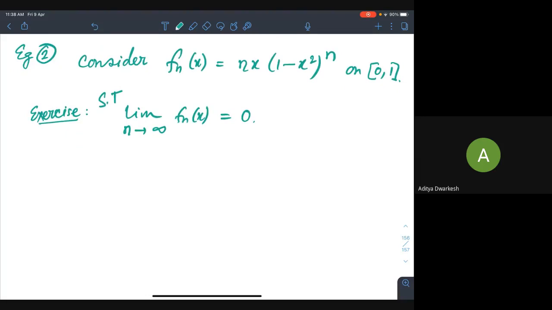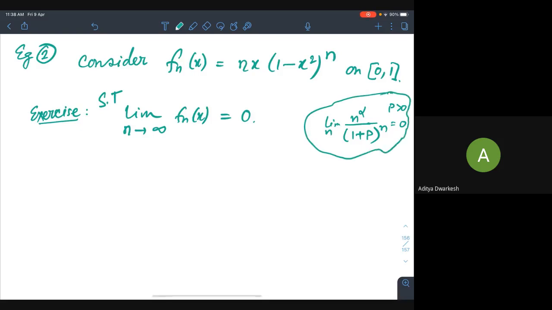So it will be of the form something like n to the power alpha by 1 plus p to the power n, where p is greater than 0, in this form. So it should be along the same lines as this.